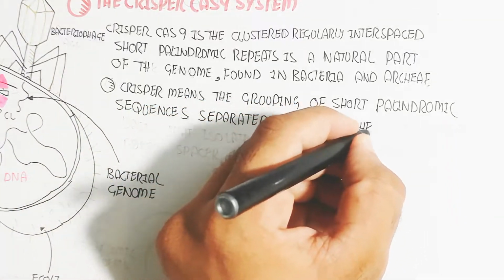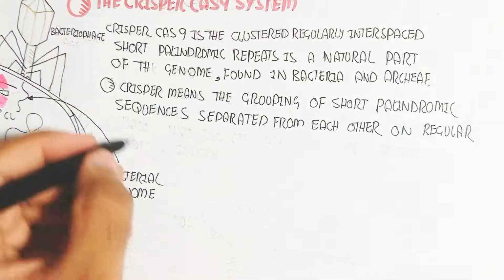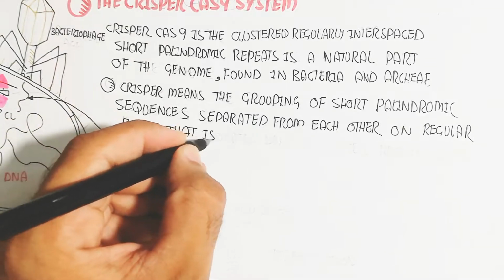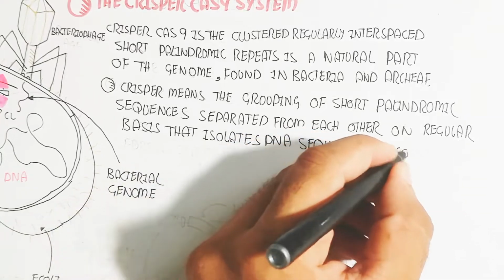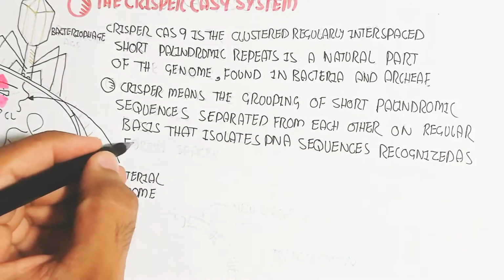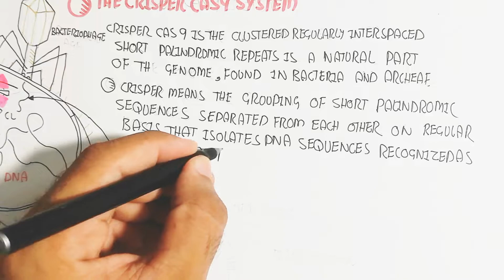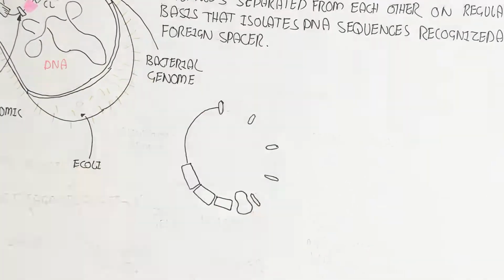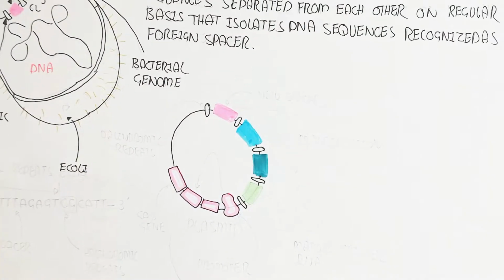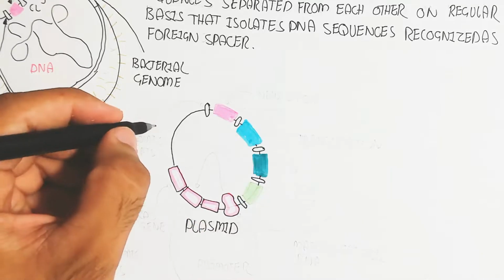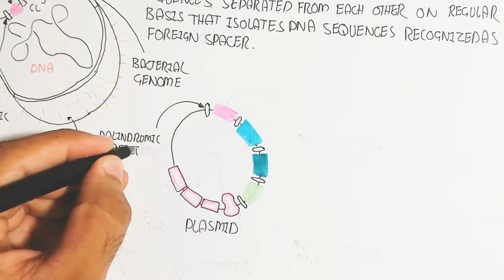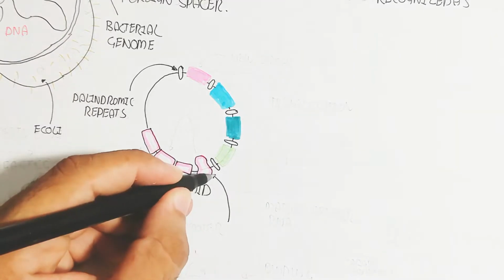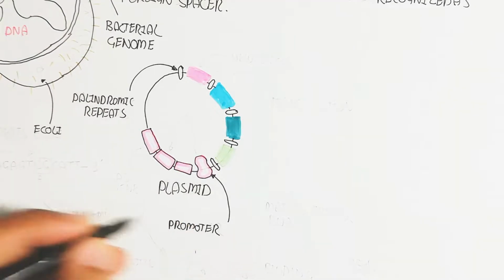So whenever the bacteriophage invades, the viral DNA will be bound as a new spacer in the plasmid. After the binding of the new spacer in the plasmid, the palindromic sequence repeat is also present here.